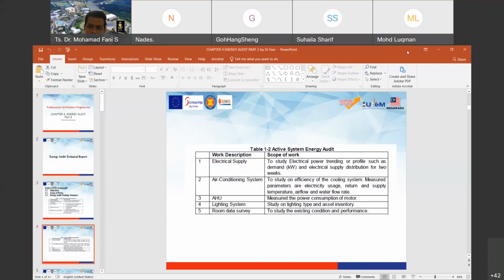Aircon system is also an active system. Then lighting system, room data survey. So scope of work, what to do, relates to the work description. For example, electrical supply: study the electrical power trending or profile, such as demand. This is the scope of work.